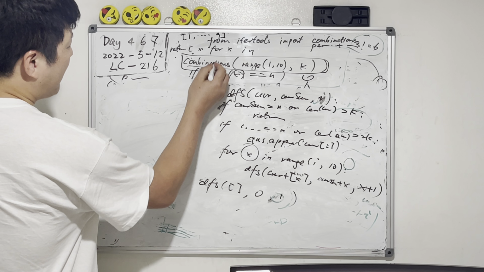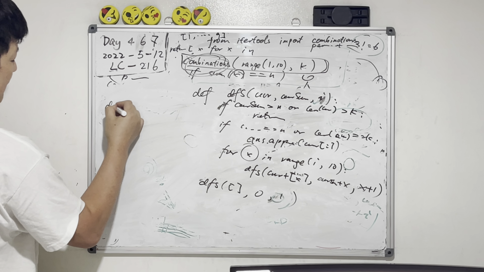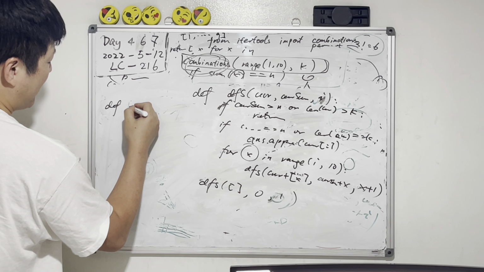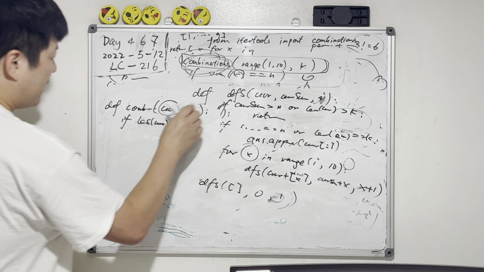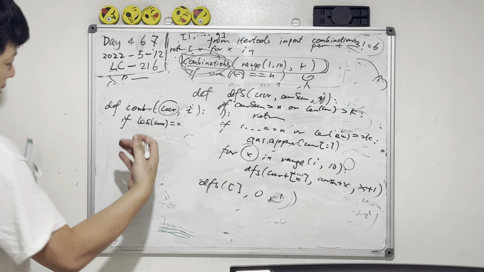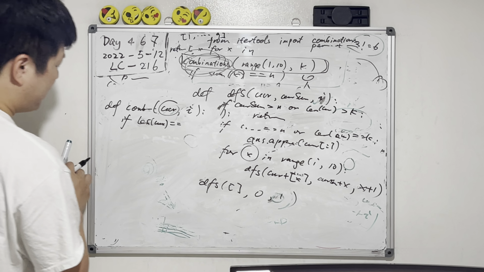Coming back to this combination, we can actually replace it. If we define our own combination function, comb, the first parameter will be the current list, the current choice, and i will be the next number. If length of current equals k, then we yield current and return.